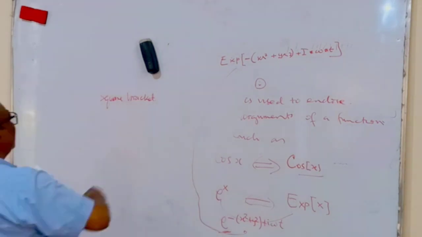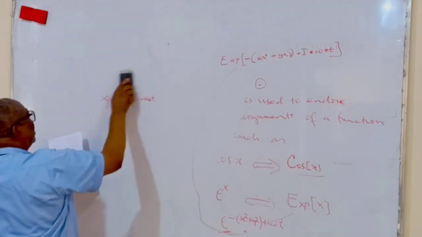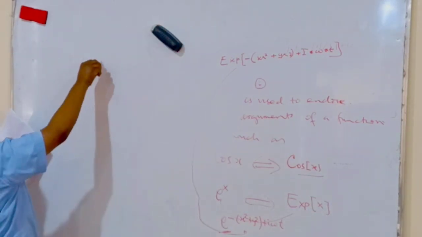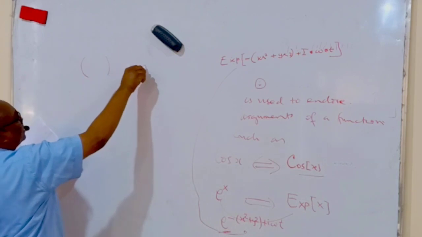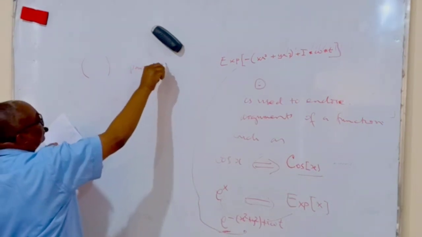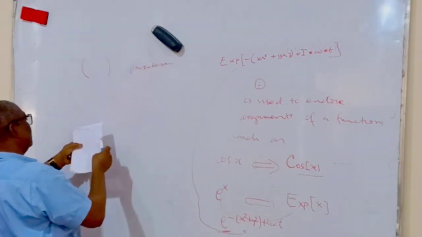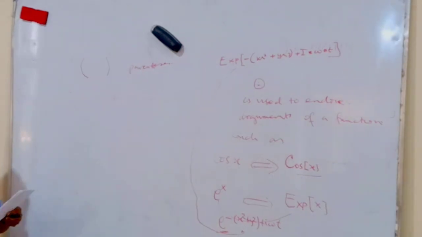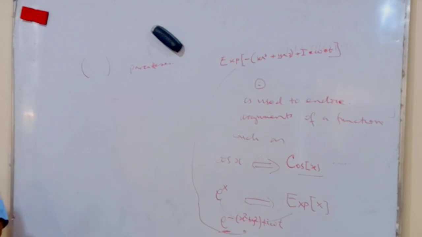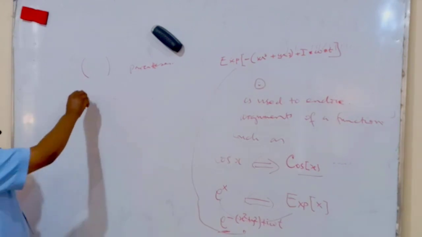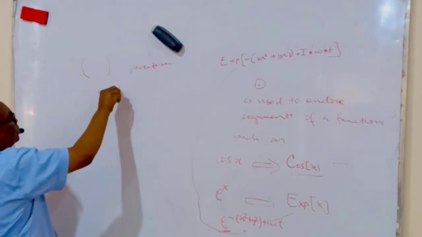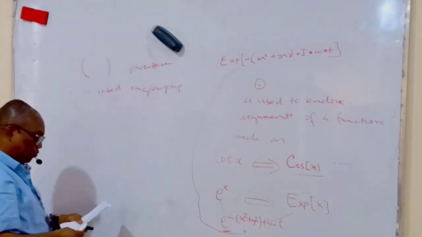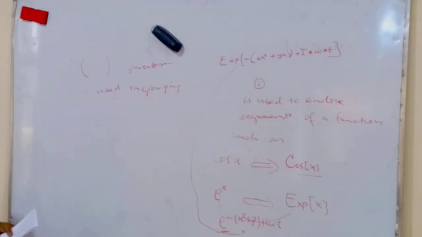Now, the other bracket, which we call parenthesis. I hope I'm correct, there should be a TH. What it does is it is used in grouping mathematical expressions.